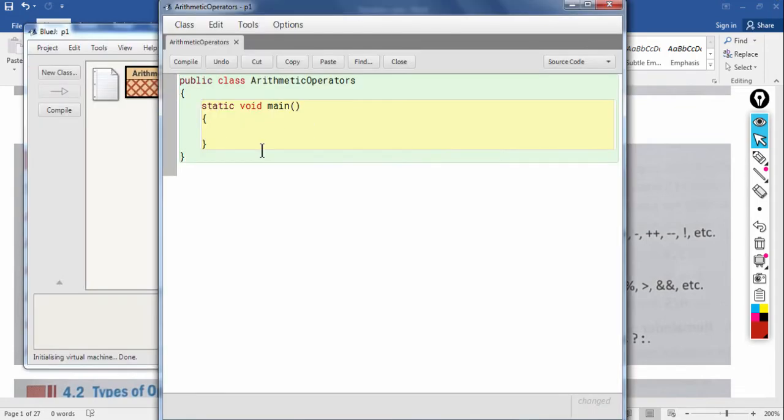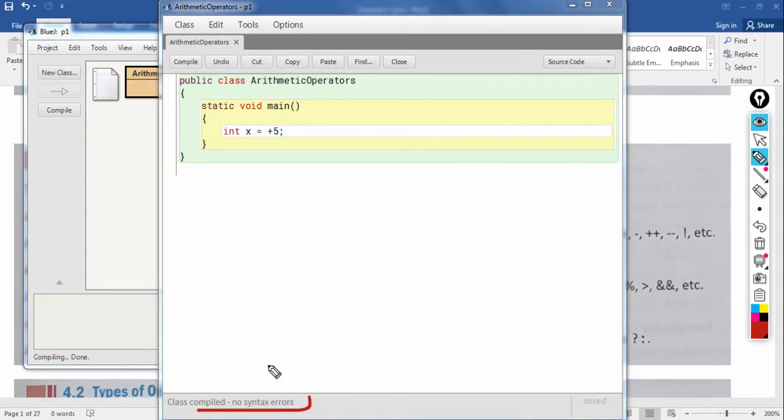If I write int x is equal to plus 5, is this a valid statement? Yes, of course it's valid. We are assigning a positive 5 to the variable x, isn't it? Let's compile it, and as you can see, the class is compiled with no syntax error.